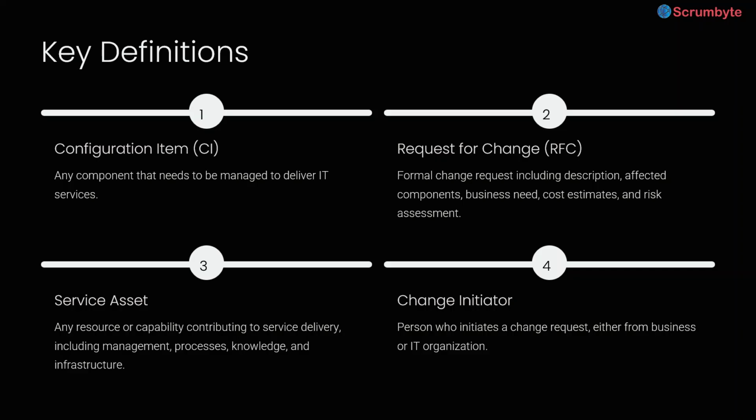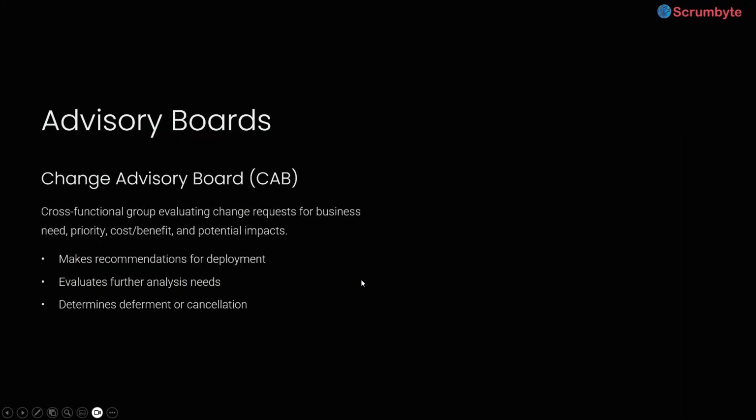Once we understand the key definitions, let us look into the next aspect. What are advisory boards? The first one is called the change advisory board. It's a group of people who have been designated by the organization, and they come from various departments, different subject matter experts.